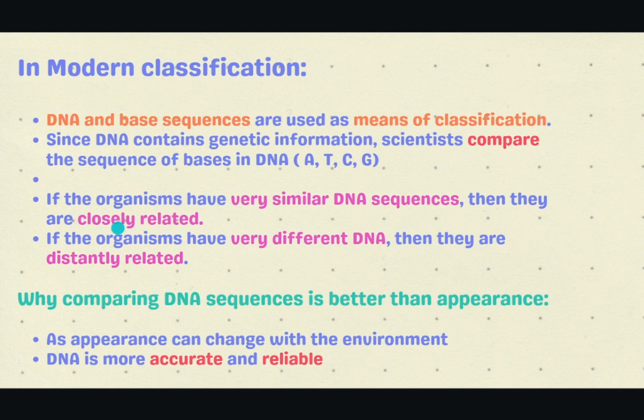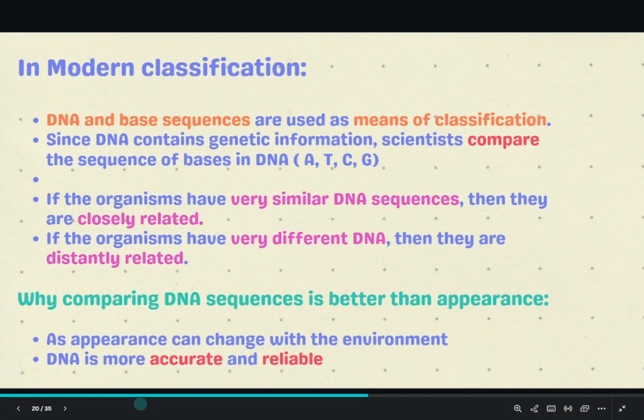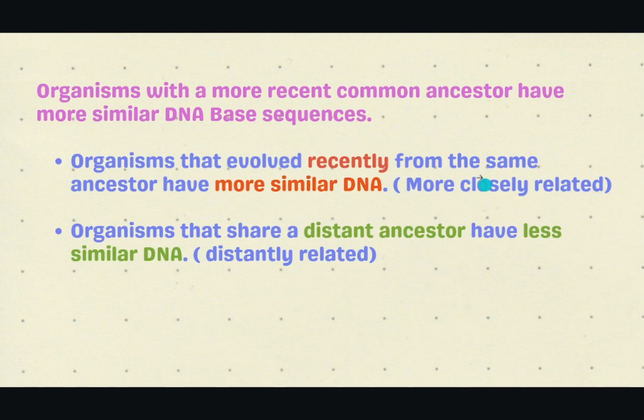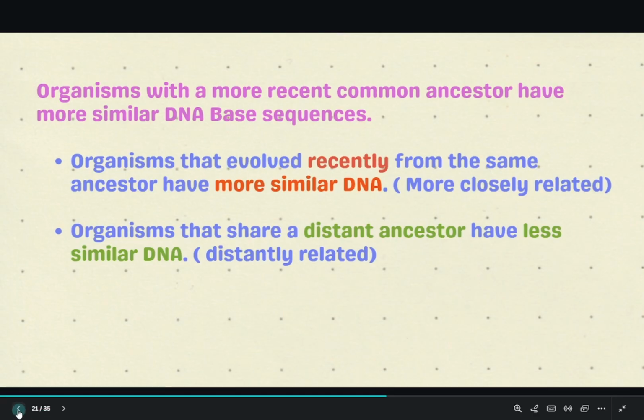And if we are very closely related, that means that we share an ancestor. That means that we have evolved recently from the same ancestor, and that is the reason why we have more similar DNA. So we are more closely related. I hope you guys get the idea of what I'm trying to make you understand.